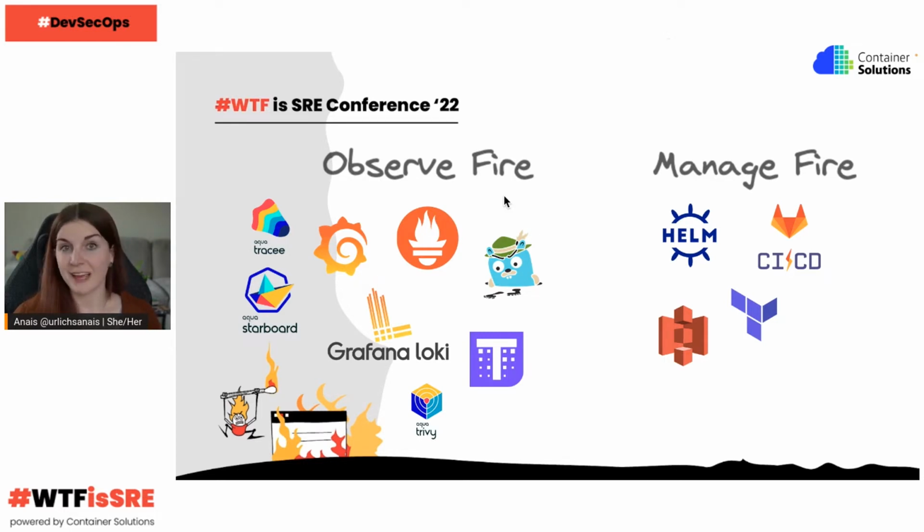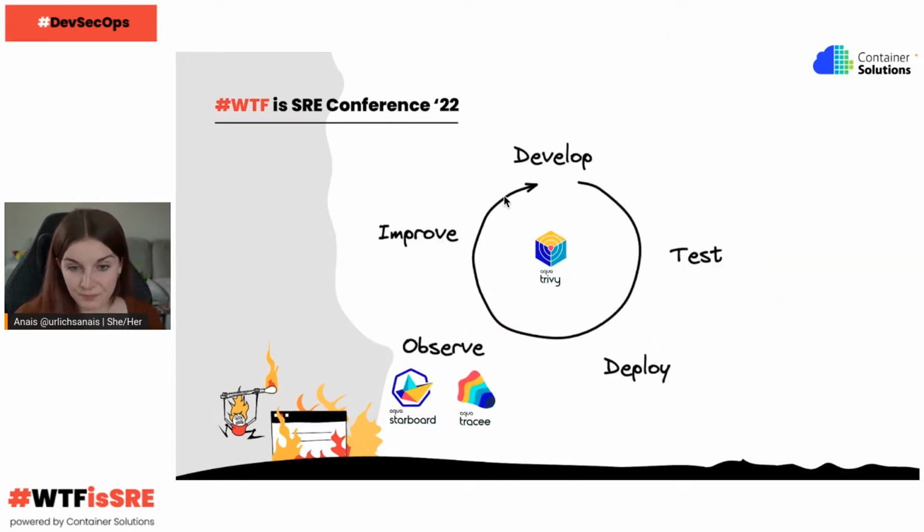And again, to iterate, this is the development lifecycle where we can implement those security tools. So when we develop our application, more focused on engineers, that's when you can start using Trivy. We can use Trivy to test our applications before deploying them. And then we can use Starboard and Tracee to observe those applications.